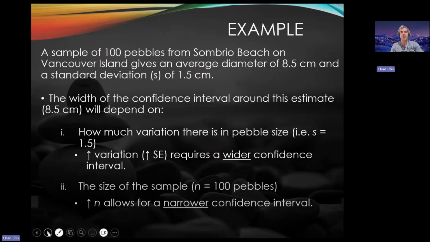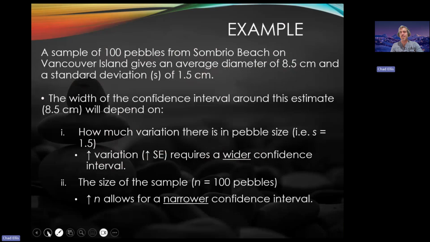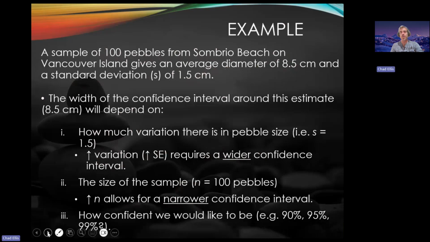So how much variation is in our sample? Also the size of the sample. In our case, it's 100 measurements. But as our sample size increases, we can be more sure in our confidence interval, and we can actually narrow our confidence interval. And the third thing is, well, how confident do we want to be?